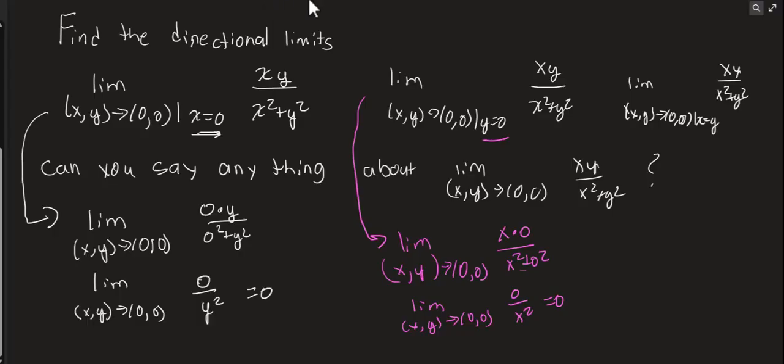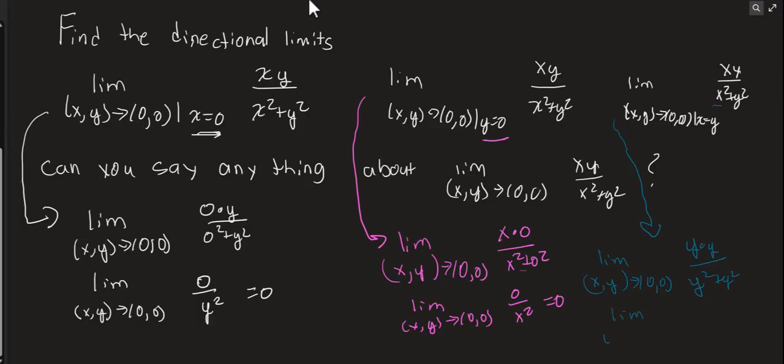Well, let's try this last one. This last one says x equals y. So I take the limit as xy approaches 0, 0. And this time I'll let x equal y. So I'll have y times y over y squared plus y squared, because I replaced x with y.